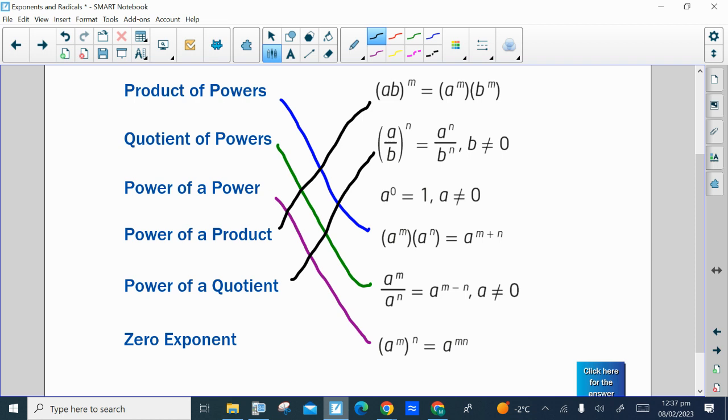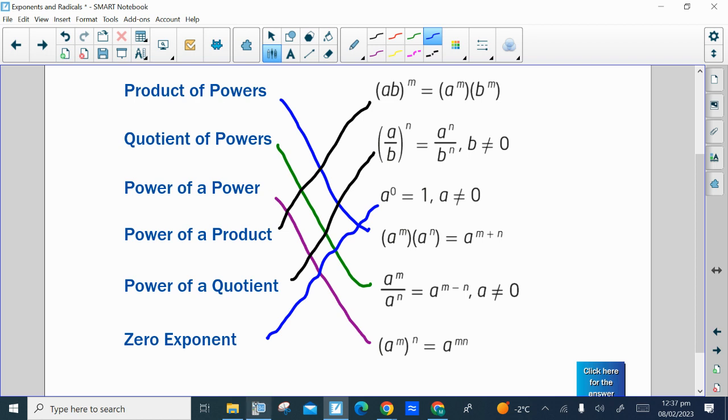Right, so that's the power of a quotient law. And then finally, zero exponent. And you can see that the rule is that a to the power 0 equals 1. So we're going to learn that anything raised to the power 0 equals 1.